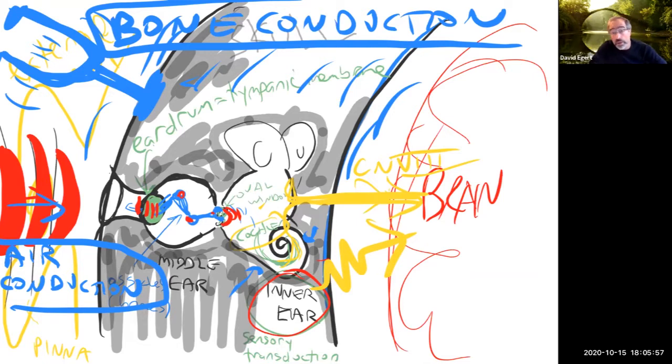The normal way, which is air conduction, which in general is much more efficient. The ears are designed obviously to detect air vibrations. But if you put a tuning fork directly on your skull, that will also create sound by vibrating your inner ear, which then converts that vibration into a perception of a sound.